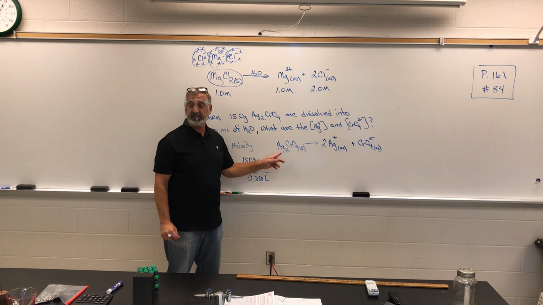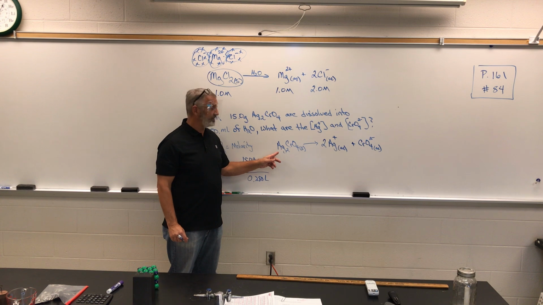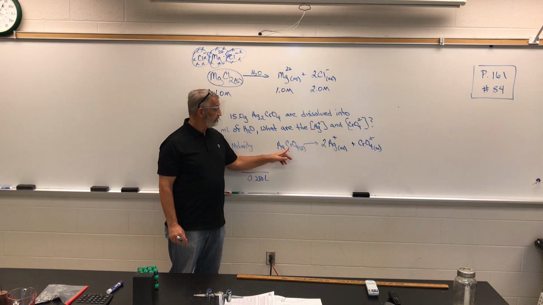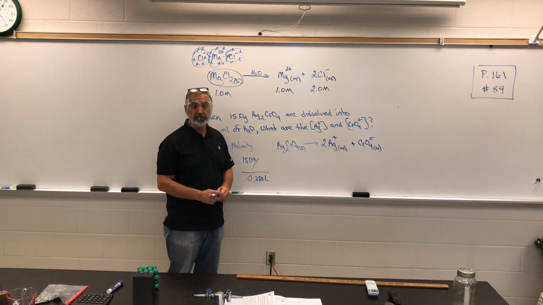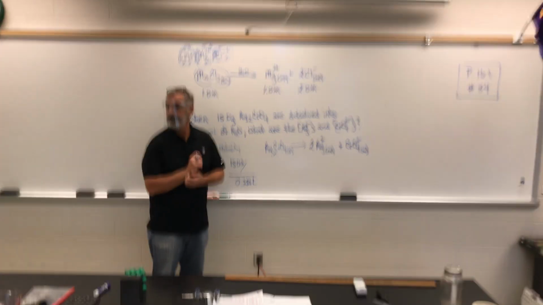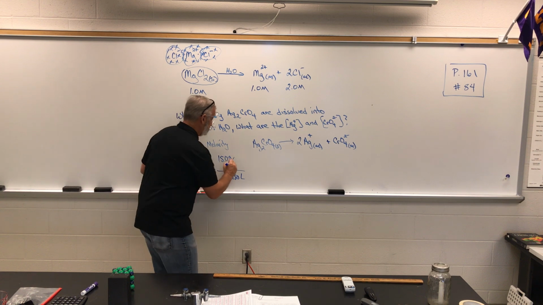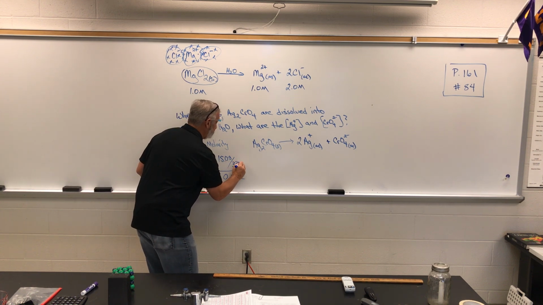So if someone's got a calculator, I'm going to call some numbers out to you, so add them up. So silver is 107.9 times 2 plus 52 plus 64. 331.8 grams per mole. Okay?